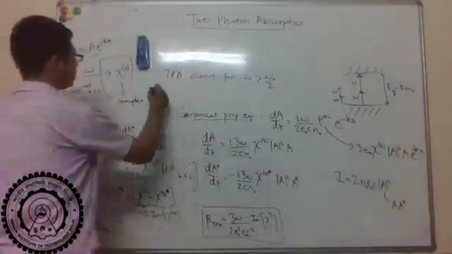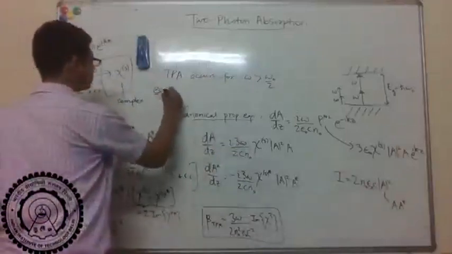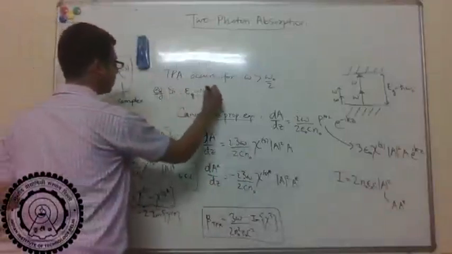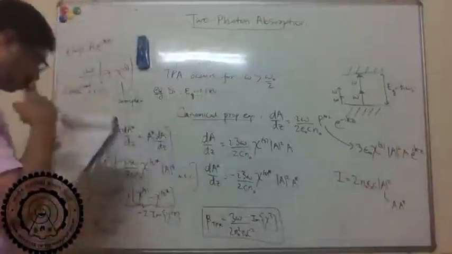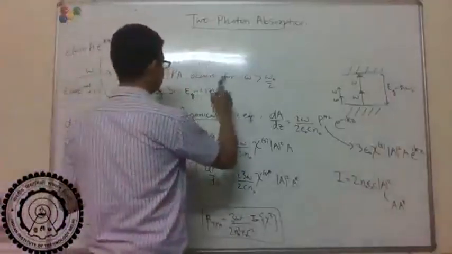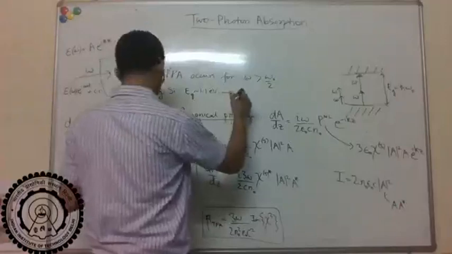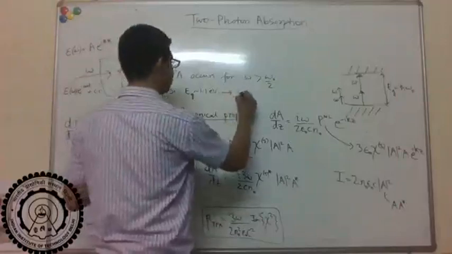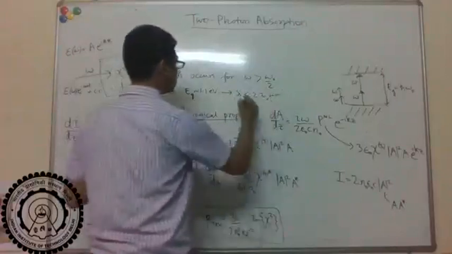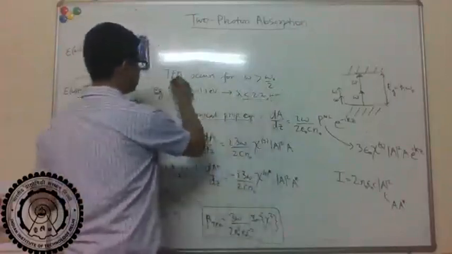So for example, silicon has a band gap of about 1.1 electron volt. So this means that if your wavelength is smaller than 2.2 micron, then you get TPA.